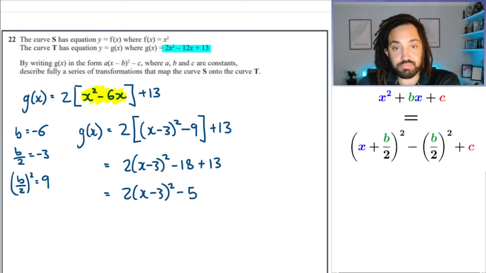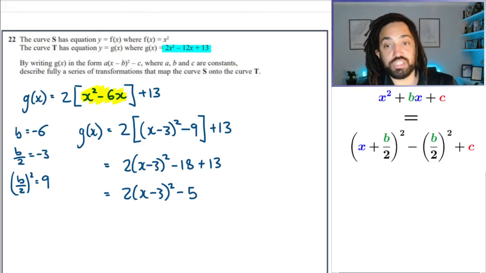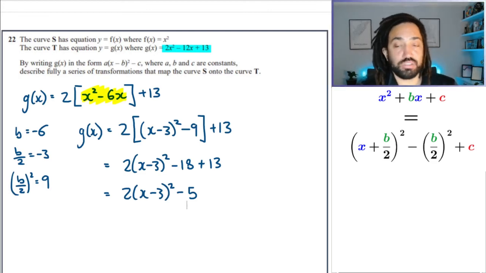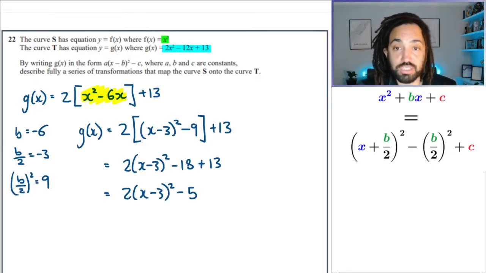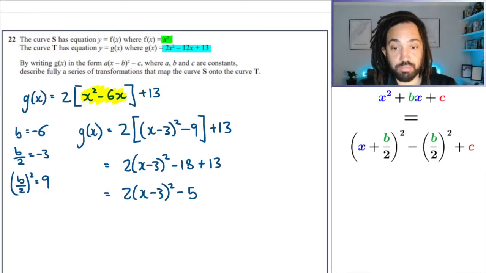Perfect. Okay, it says describe fully a series of transformations that map curve S to curve T. Okay, so we start with x squared, and then it gets mapped over to this thing here.